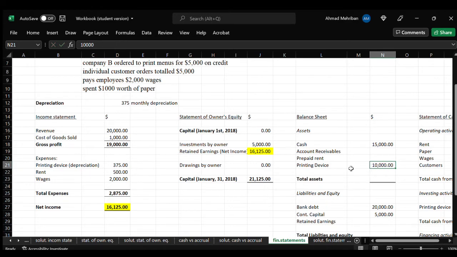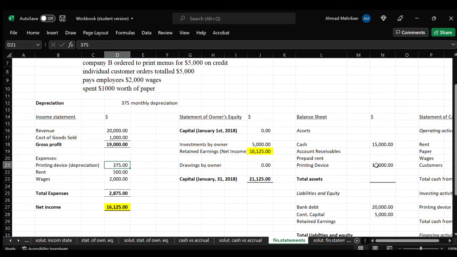Now, because we're doing this financial statement at the end of the month, when the expenses have been incurred, and this printing device is a machine that has a depreciated value, depreciation expense has already been incurred. Here we can see it.